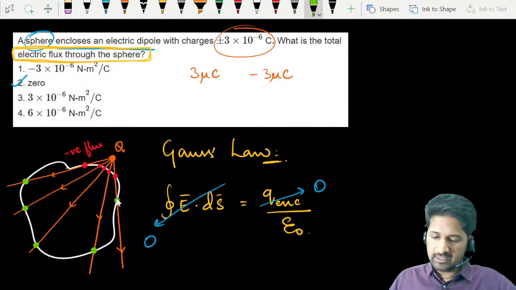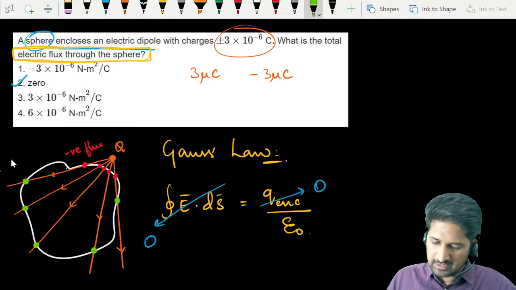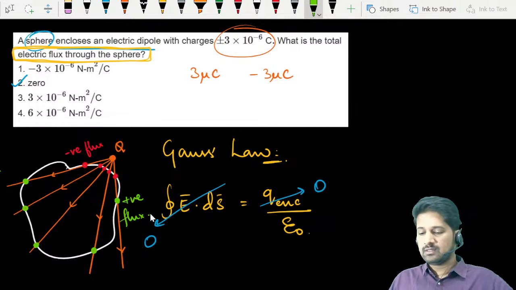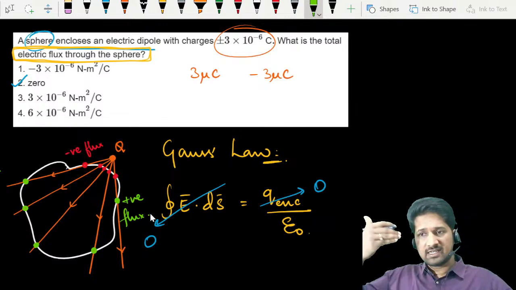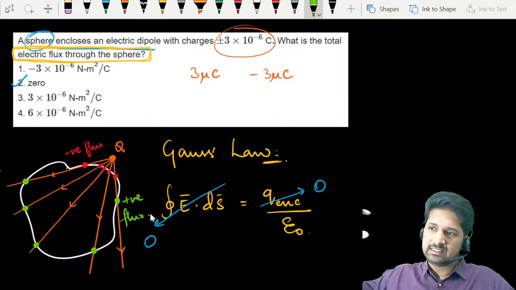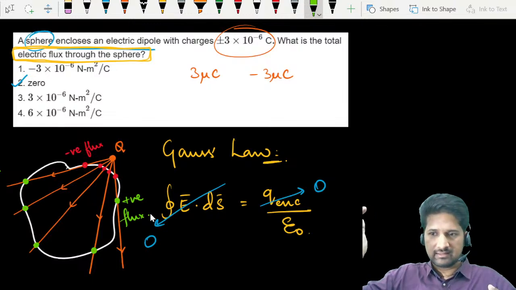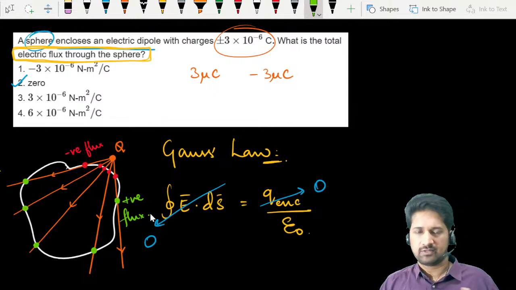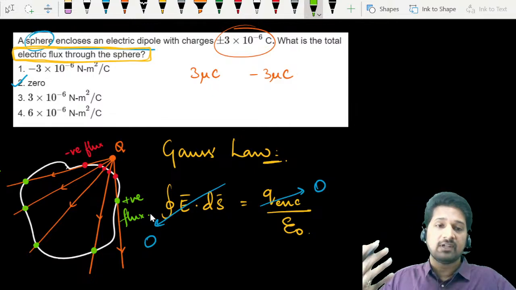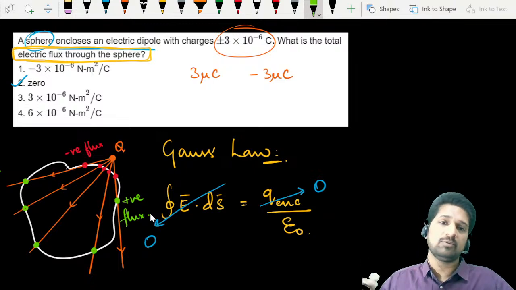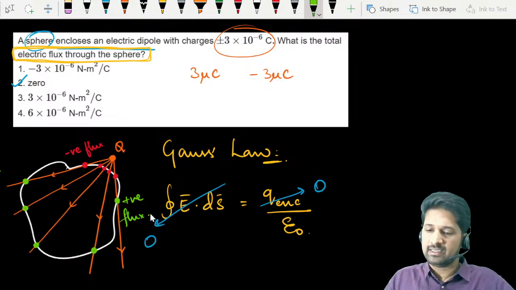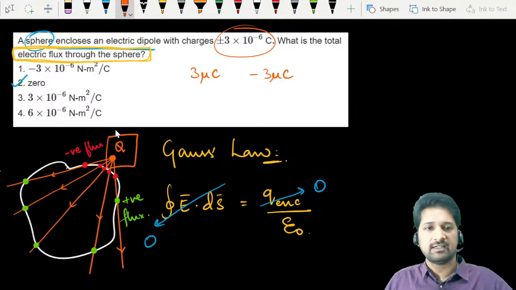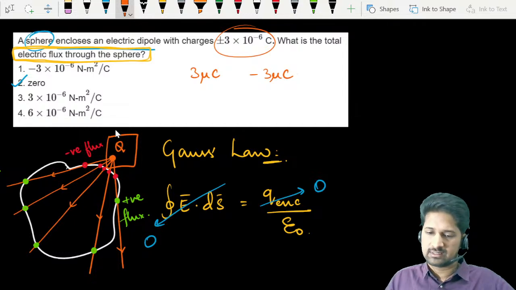And at those points, there will be positive electric flux. Because this charge is outside the surface, as many field lines as enter the surface must also leave it. So the negative flux created by this charge will be equal to the positive flux created by it. That is why external charges never contribute to the net electric flux on a closed surface.